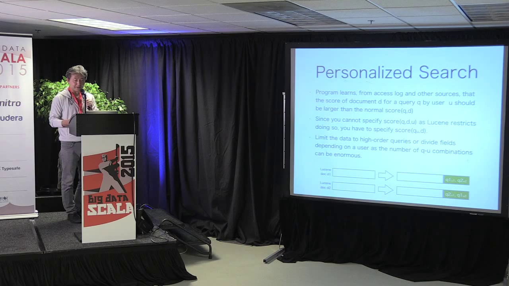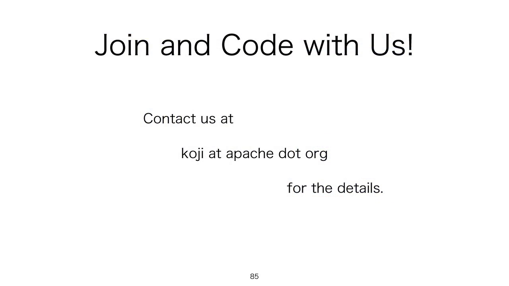But you have to devise ways such as limiting the data to high-order queries or dividing Lucene fields depending on users, because the number of query-user combinations can be enormous.